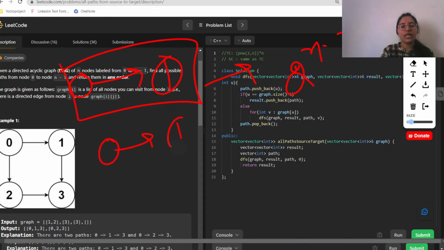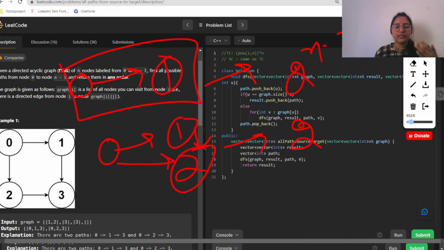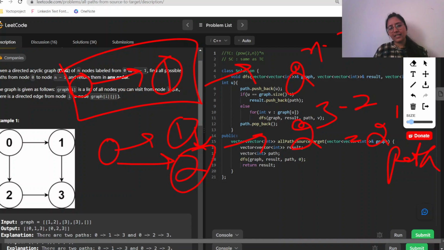If 0, 1 and then 2 are there, either it could be direct, meaning 0, 1, 2, right? So again it becomes n minus 2, I guess it was 2. So 3 minus 2, that is 2 raised to power 1 path, right? Like this, at max this many paths could be there as we increase the number of nodes.